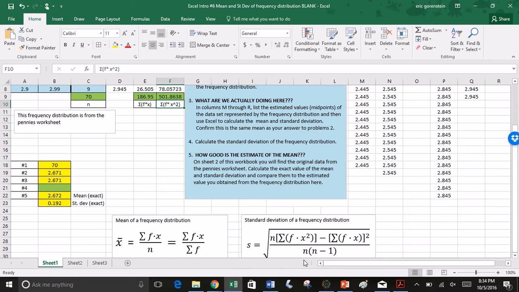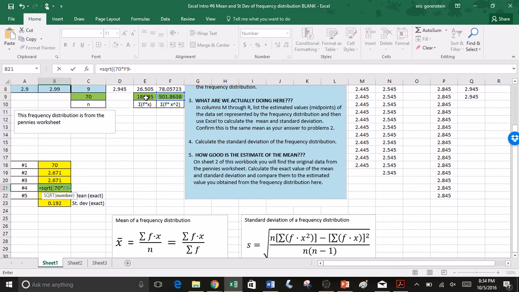So according to this formula over here, the standard deviation is equal to the square root, and I'll use another set of parentheses for the numerator, n, which is 70, times the sum of f times x squared, that's the 501, minus the sum of f times x to the second power.